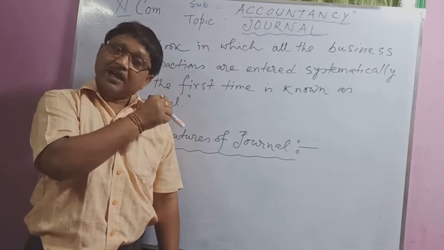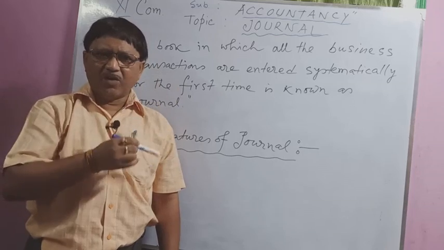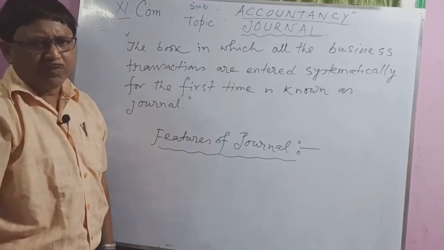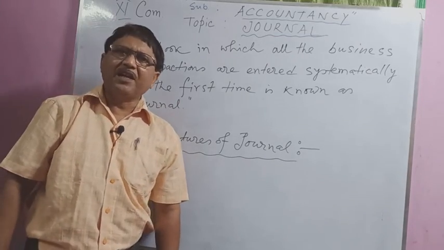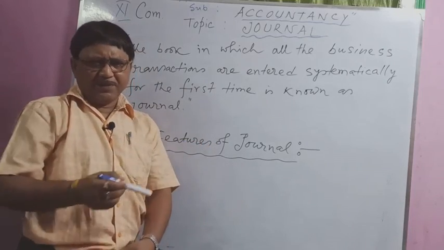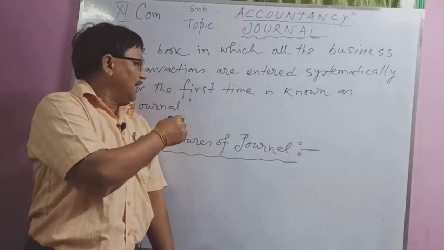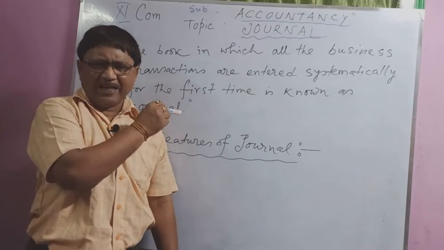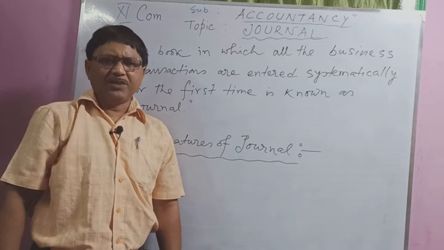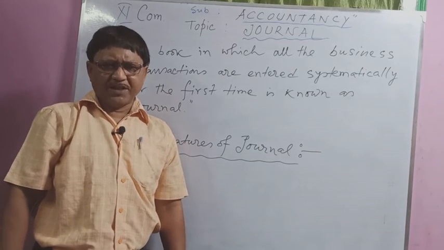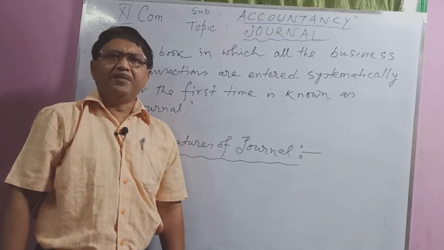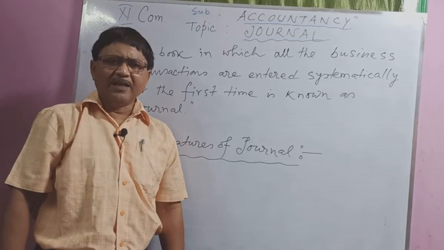That means they are recorded in systematic order of date. Next, it is the book of original entry. Another feature is that both debit and credit aspects of every transaction are recorded under the double entry system. That means every transaction must be recorded on the debit side and, on the other hand, the credit side.